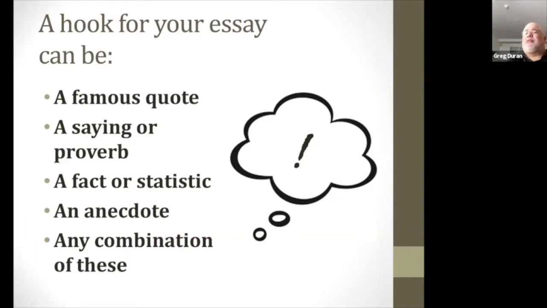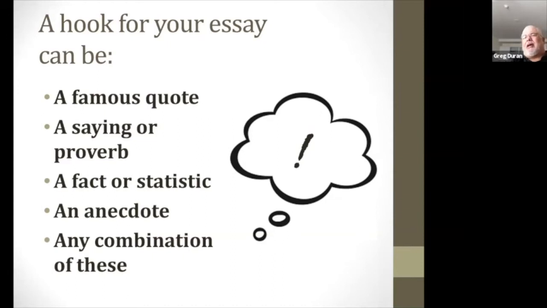You can also use an anecdote, and an anecdote basically is just a personal story. But I would caution about using your own personal story. I think it's more effective if you use an anecdote that is somebody else's in order to illustrate an idea from your essay.